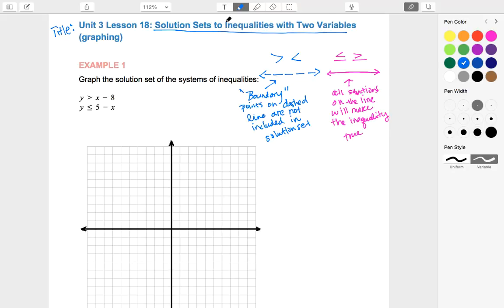Okay, let's go ahead now that we've clarified a little bit of that. It says graph the solution set of the system of inequalities. Okay, the solution set, remember, for a system in this case, is where both of the solutions cross over each other.